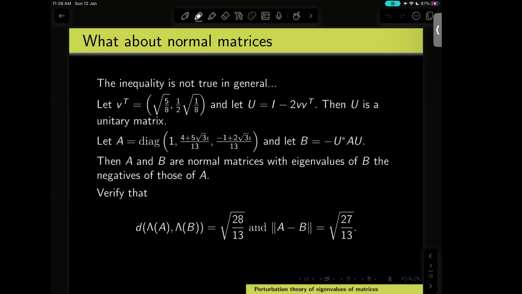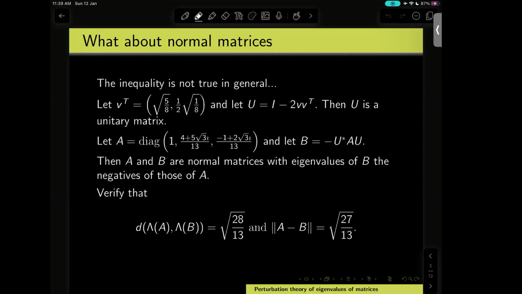There is something for you to verify. You can note down this example, though it's there in the book on matrix analysis also. My U is a unitary matrix, and one can easily check it because my v is a unit vector. A is naturally a diagonal matrix, so it's normal. B, because of the way we are defining it, is also normal.